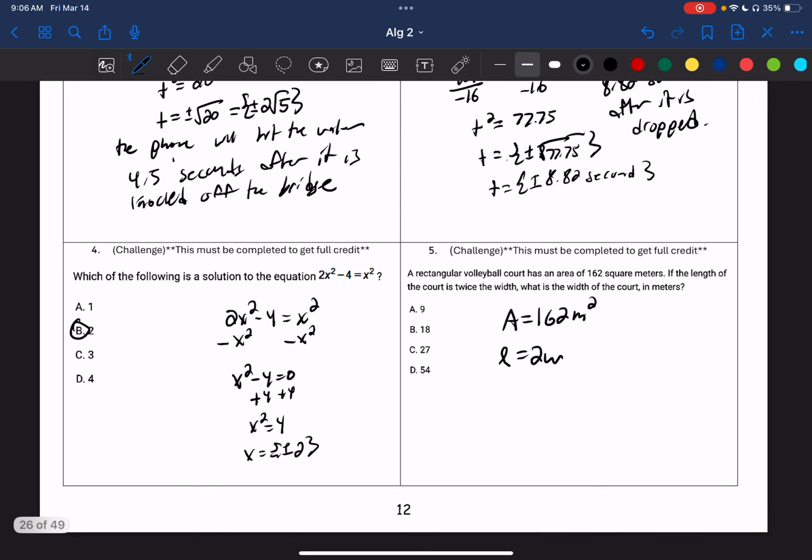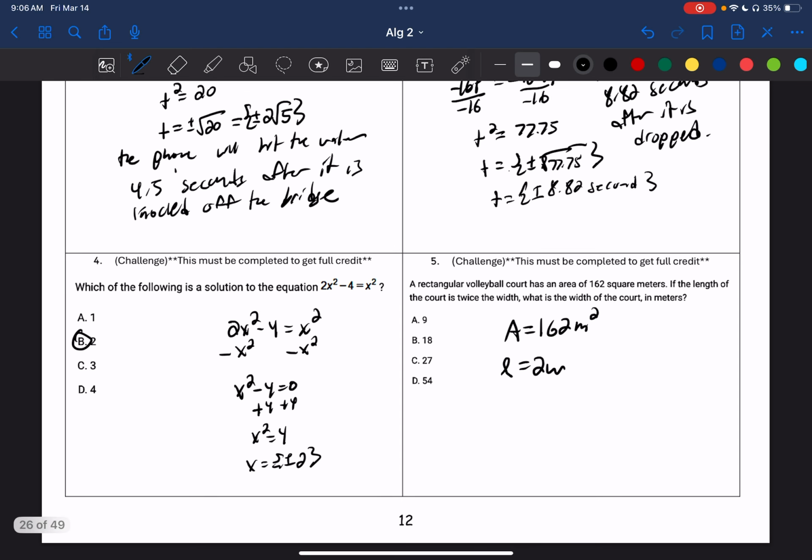Now, if we wanted to find the area of any rectangle, we have to multiply length times width. And here, we know that the length is twice the width, right? 2 times the width, double the width.